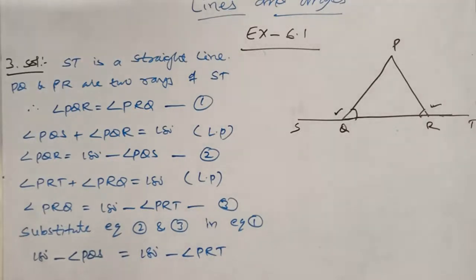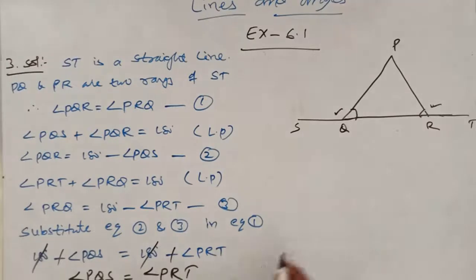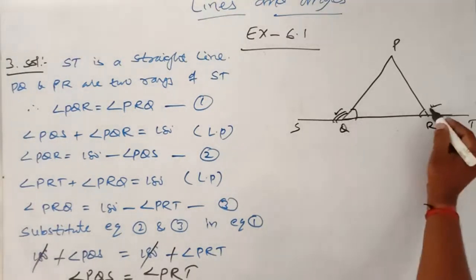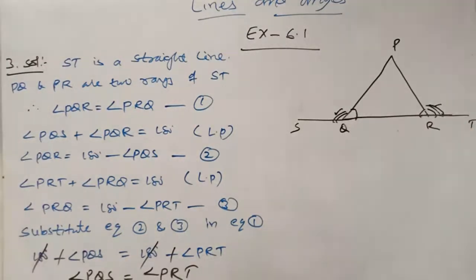So on LHS and RHS 180 is there, so these two are going to cancel, minus and minus will be cancelled. The remaining will be angle PQS is equal to angle PRT. So whatever we needed to prove, we got it here. Angle PQS is equal to angle PRT. So these angles are also equal.